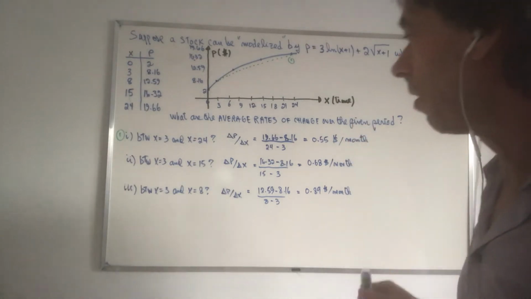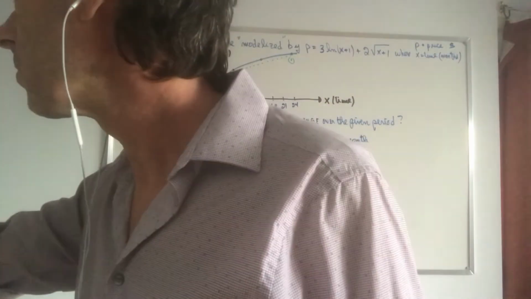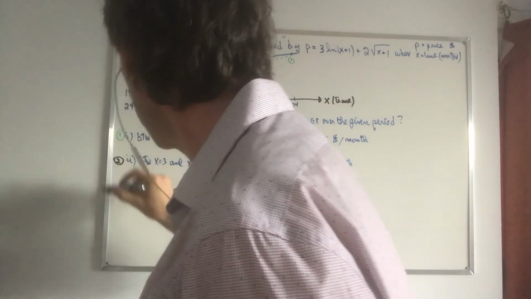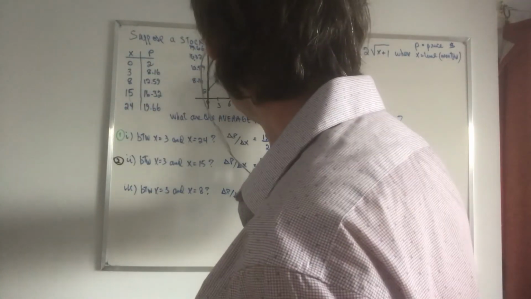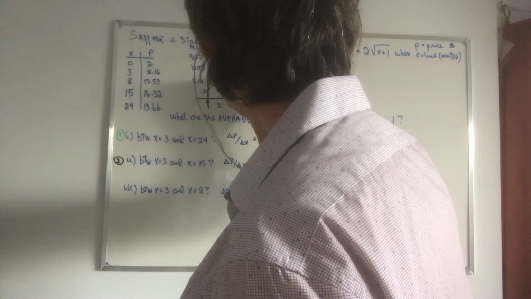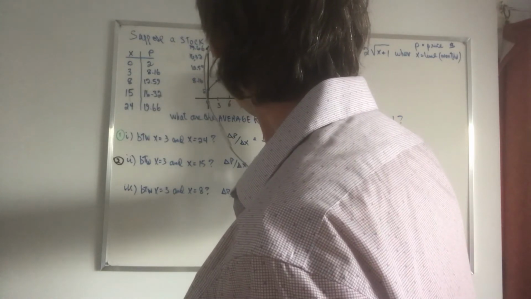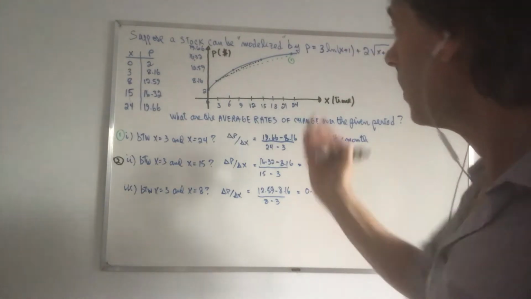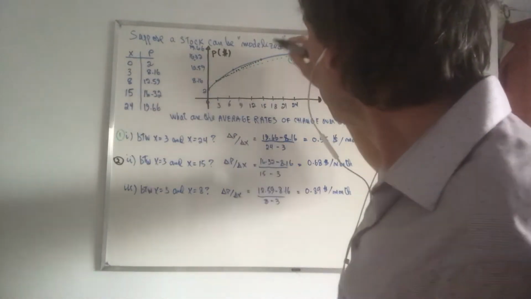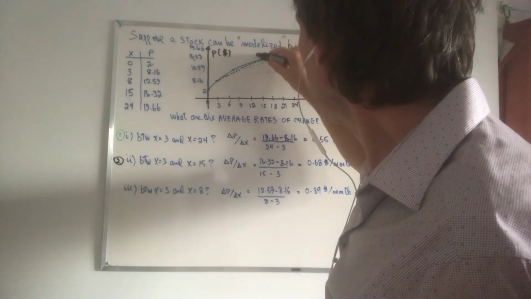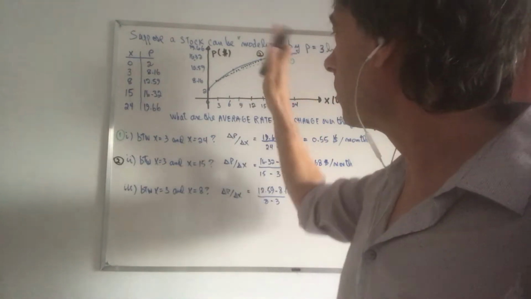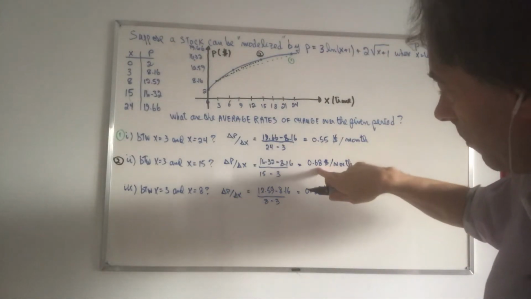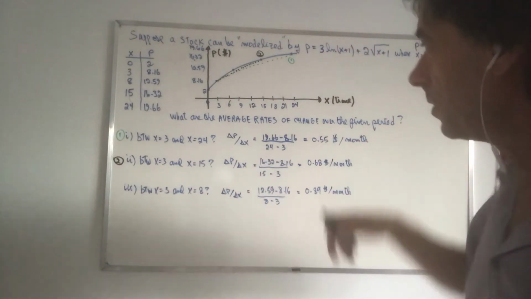So let's put that on the graph. The second one is between 3 and 15. So 3 and 15 would actually be here. So you have the green line 1, the black line 2 here. You can see that there is a difference in steepness. The black one is steeper than the first one because the average value of the slope is higher.